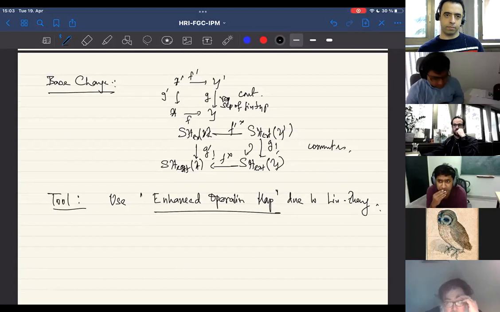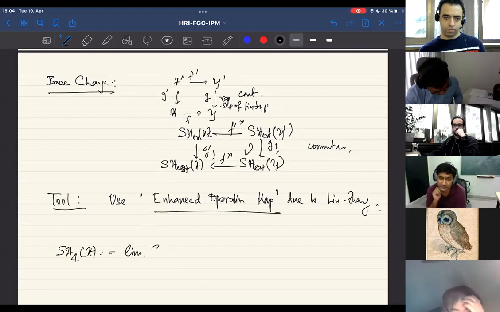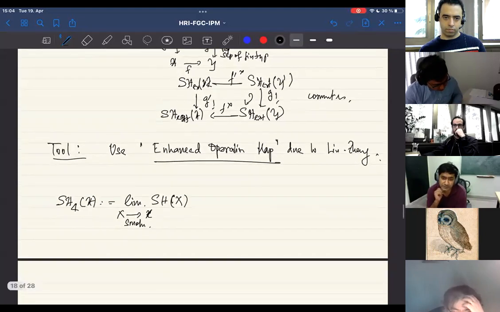Okay, I didn't state anything about that here, but there is a relationship. What Khan and Ravi have done is define SH for any derived stack, or in my case, I restrict to just algebraic stacks. They define SH delta of X to be the limit of SH of X' over smooth morphisms, taking limits over all such covers.